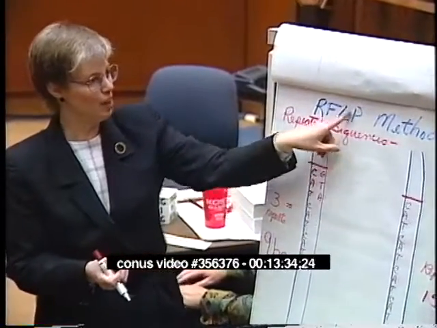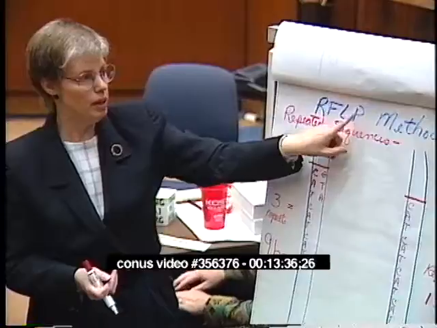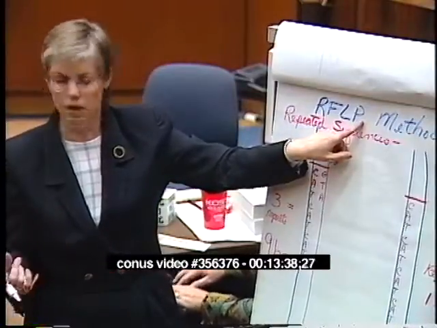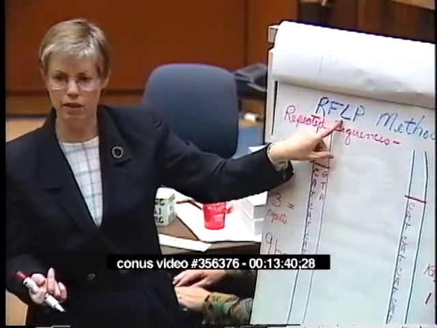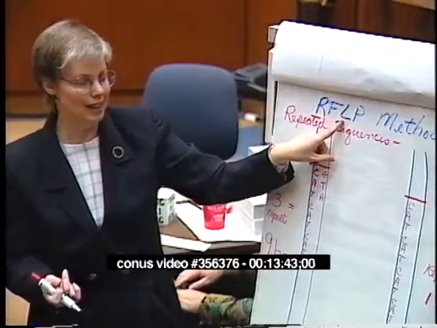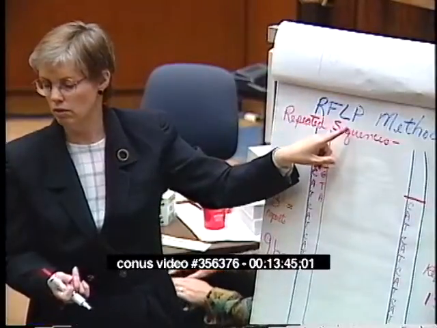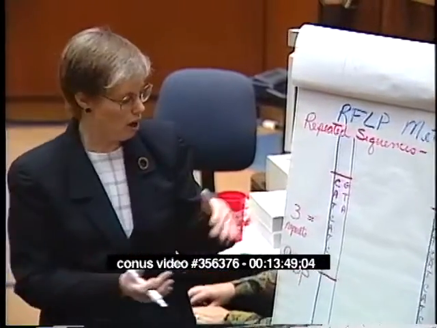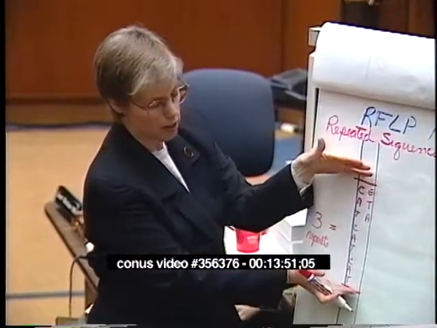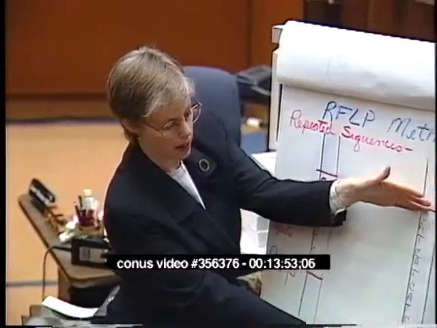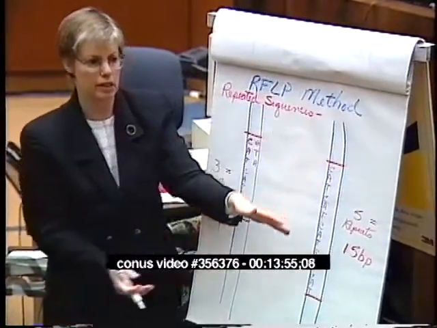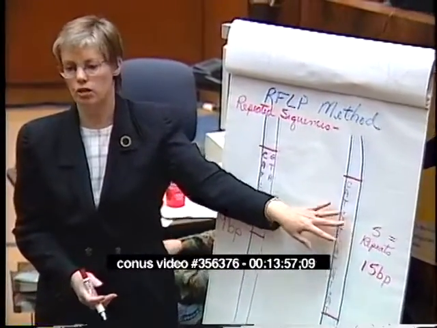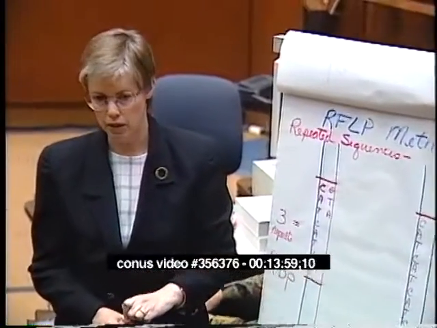And in this abbreviation, the P stands for polymorphism, the L stands for length. This test looks at length differences in the DNA, and the length differences are created by the number of repeats that happen to be end-to-end at a specific location on a chromosome pair.